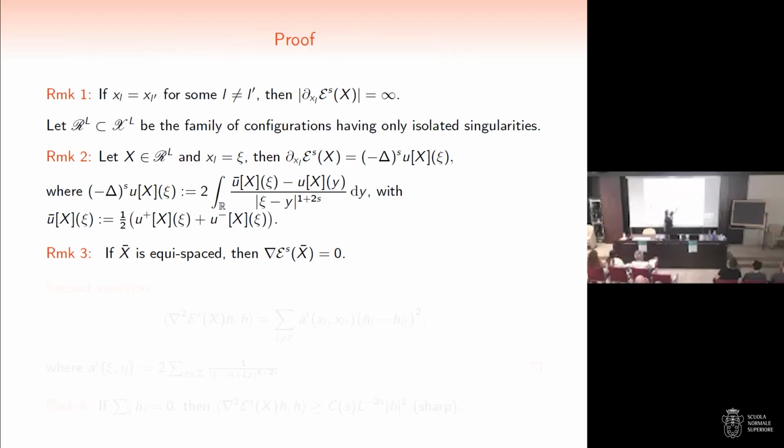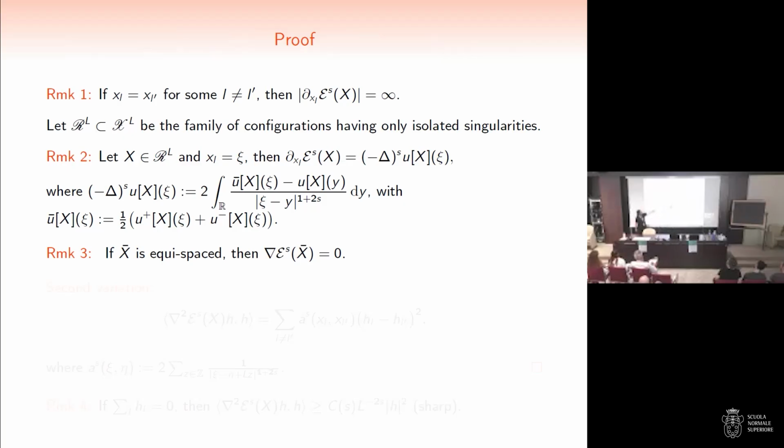Here I have a function that is jumping, so I have to define the value of the function at the jump point, and this is what you expect, namely the average between the positive and negative trace. So this is the first variation.